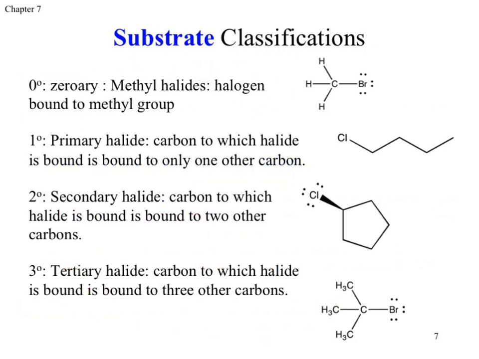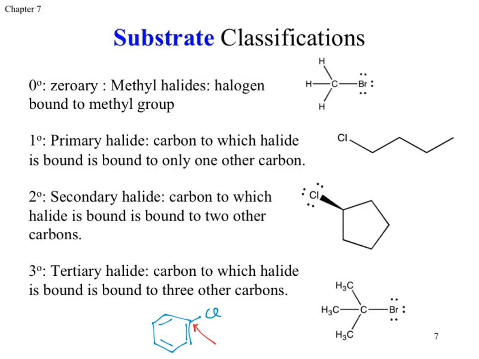Our substrate classifications, everybody remember zeroary, primary, secondary, tertiary? Everybody okay with that? Okay. The one extra one that we'll tag on here is we could go through and look at an sp2. So if we drew, say, a benzene ring and put a chlorine there, that carbon where our chlorine is bound, okay, zeroary, primary, secondary, tertiary is really only based around our singly bonded carbons, or sigma bonds.